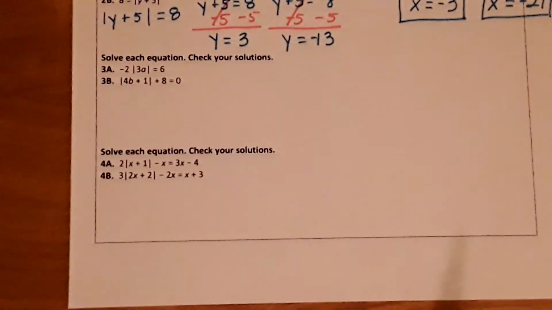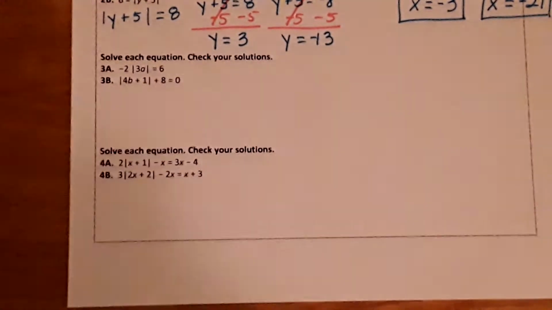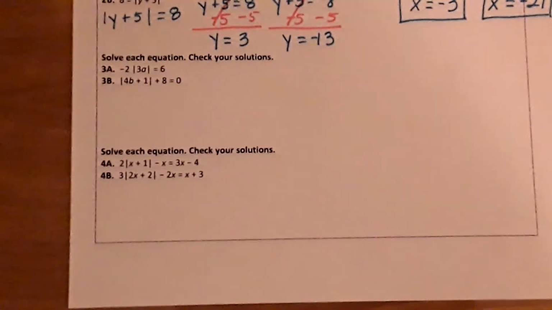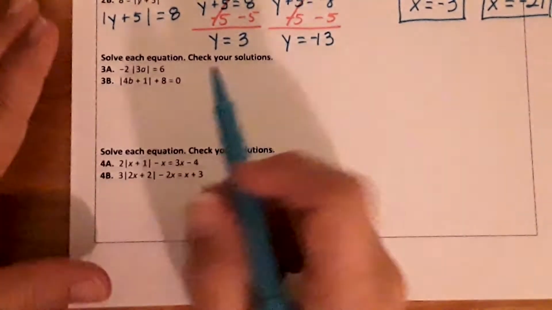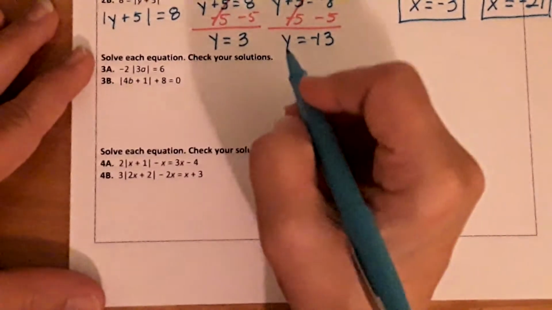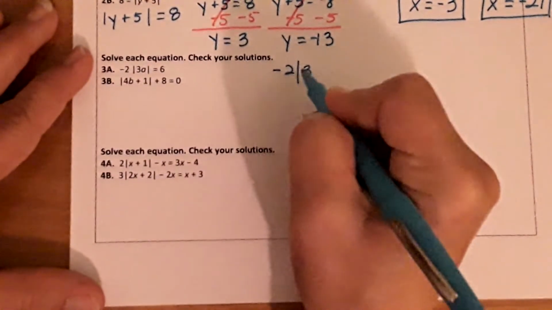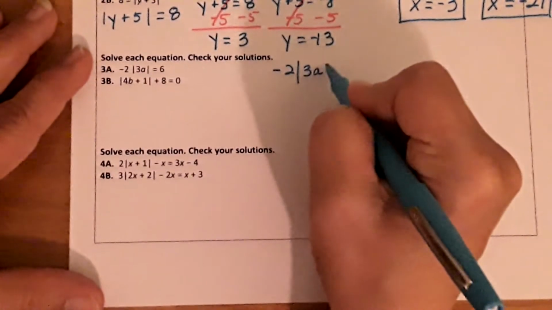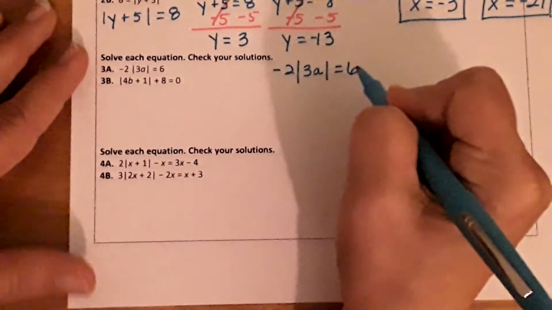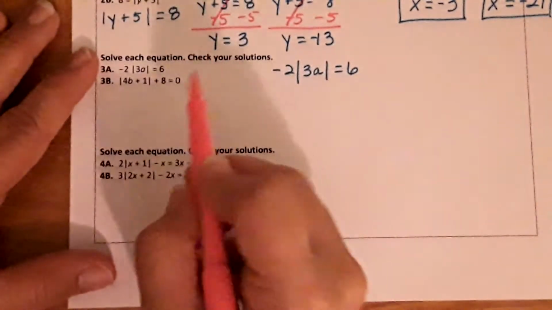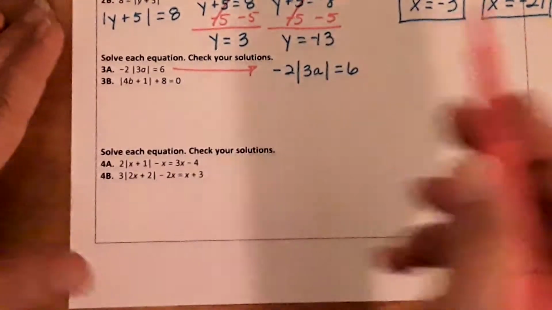Okay, let's see if I can get one more example in before I have to shut my video off. So we are going to do 3a. So I have negative 2 times the absolute value of 3a equals 6. So this goes right here.